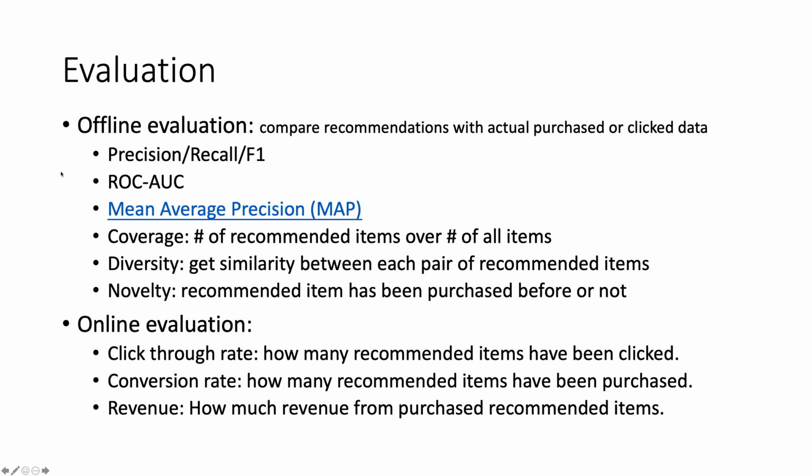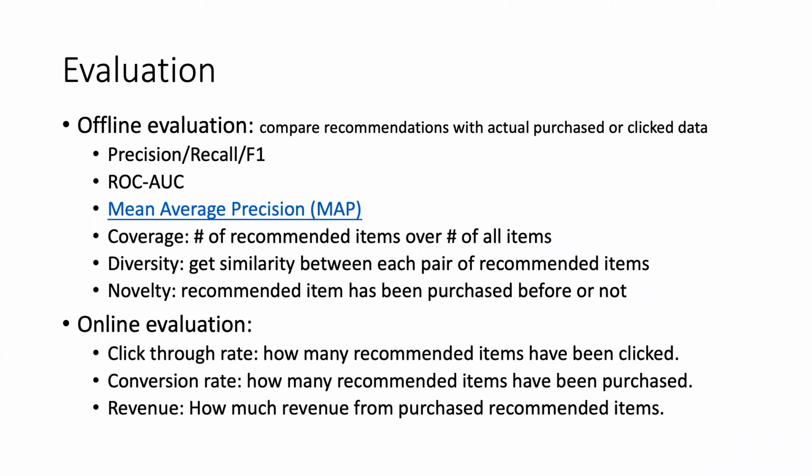That means for different recommendations, we use different metrics. Online evaluation is something you use after your recommendation system goes online, to see what the click-through rate is. That means how many recommendations have been clicked by users.